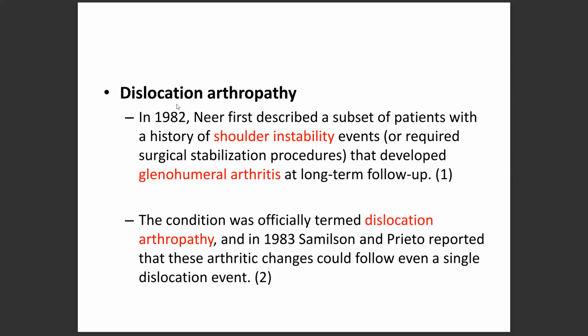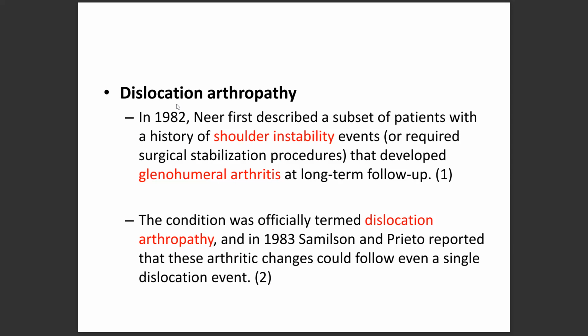The third long-term implication of this MDI, this shoulder instability, is dislocation arthropathy. There is a specific term given to the condition when there are arthritic changes after shoulder instability. In 1982, Neer was the first to describe a subset of patients with a history of shoulder instability events who developed glenohumeral arthritis at long-term follow-up.